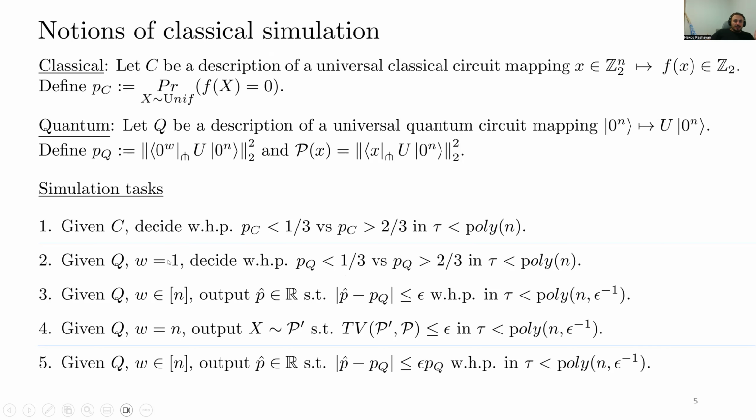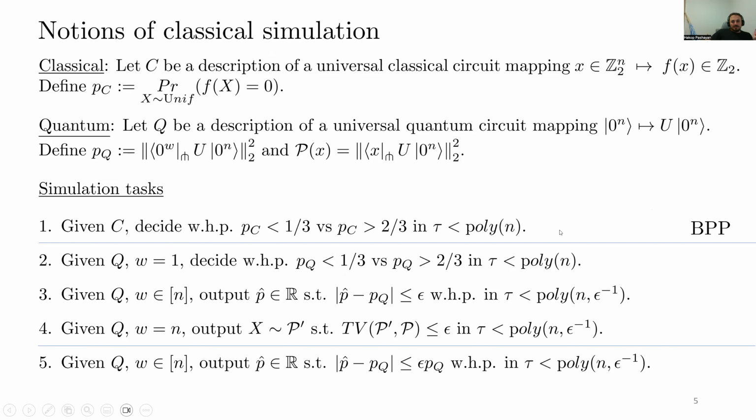And the first one is, you're given some description of a classical circuit, and you have to decide with high probability whether this classical probability up here is less than 1/3 or more than 2/3. So you're promised that it's either one or the other, and you have to decide which it is. And you should also do so efficiently, so in polynomial time. And so this problem is BPP-complete.